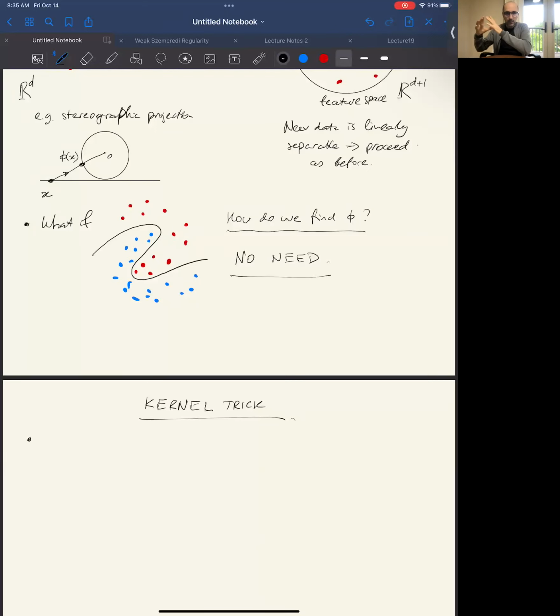That embedding essentially creates a new inner product, the inner product phi of x, phi of y. So after the embedding, think of phi of x, phi of y as the original kind of inner product on the original space. So instead of thinking about how to find this map phi, think about how to find a good inner product on the original space. Maybe not linear, just some function. Just change the inner product to something that you like on the original space. Then maybe it is realized by some phi.